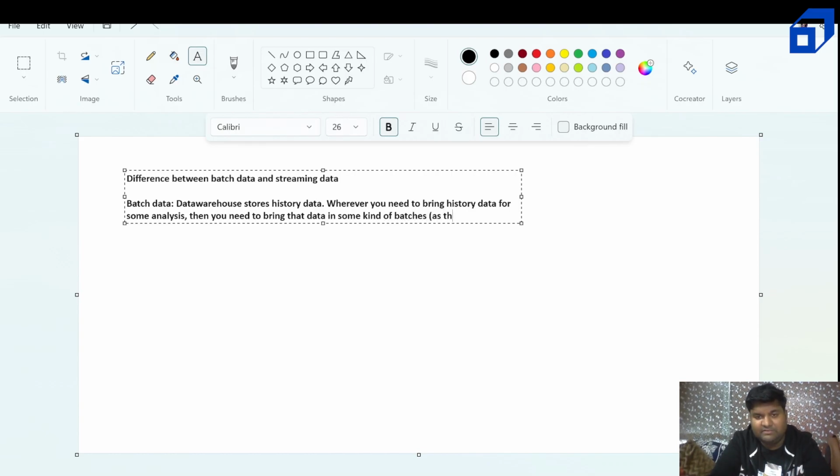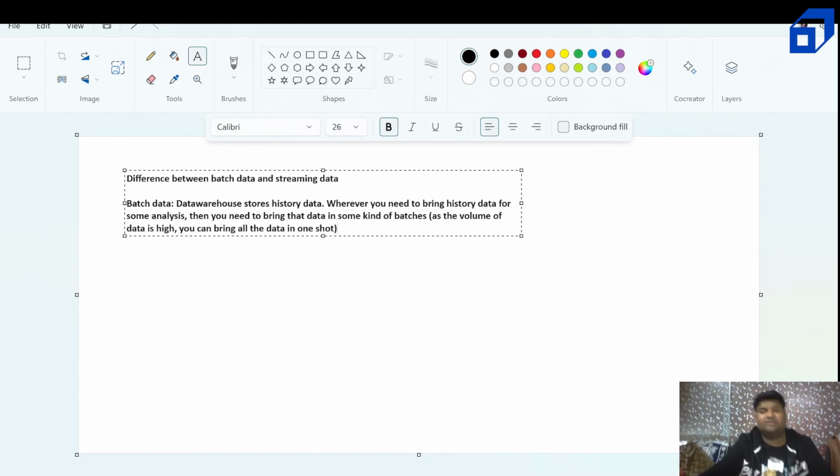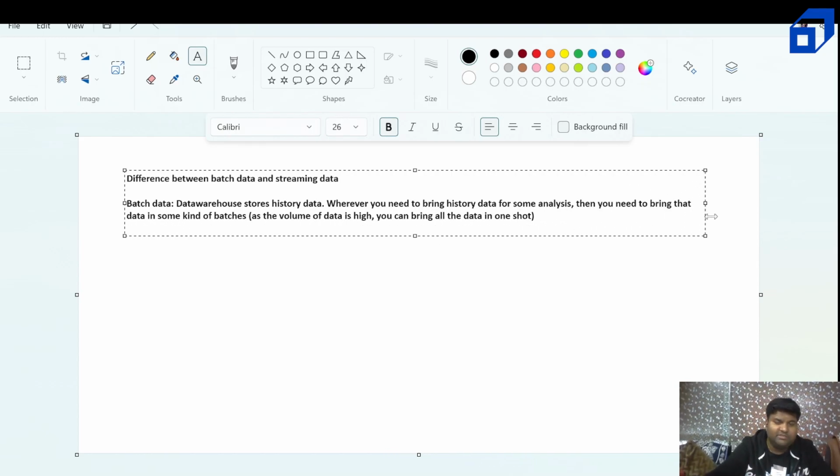Why? As the volume of data is high, you cannot bring all the data in one shot, right? Since the data volume is so high, you cannot bring all 3 years of data in one pipeline or in one shot because the GBs of data will be so high.